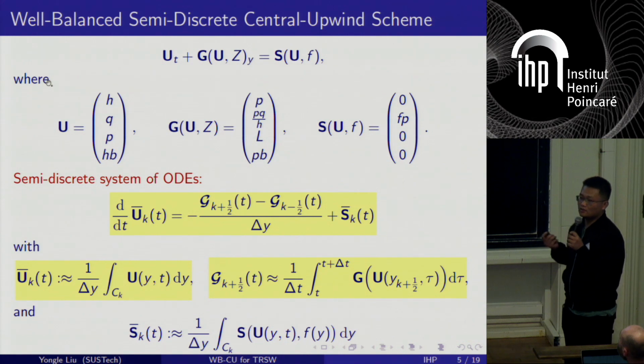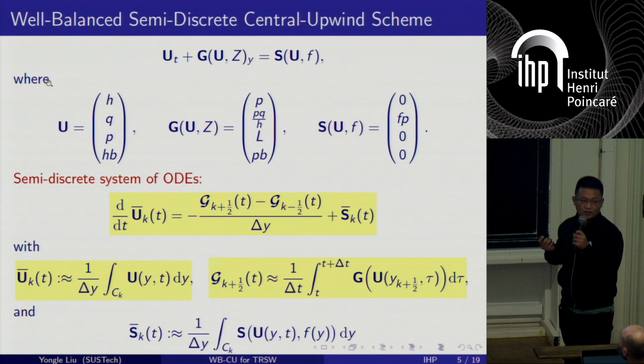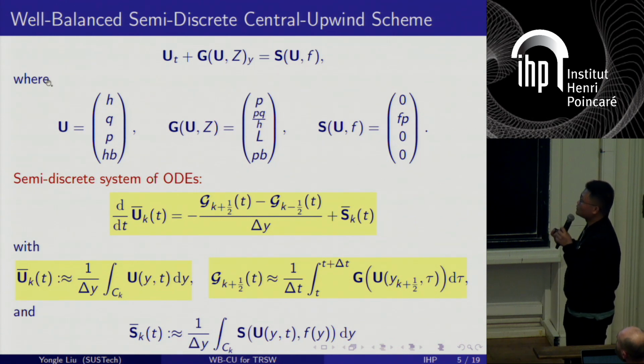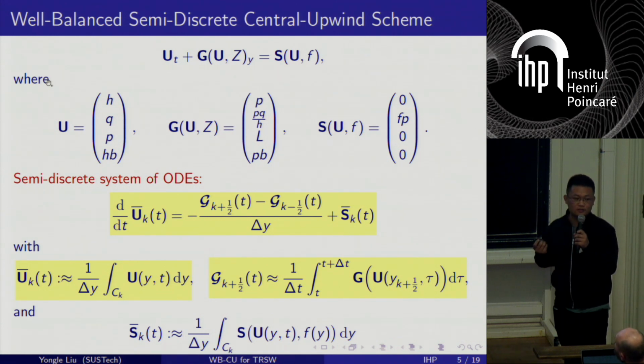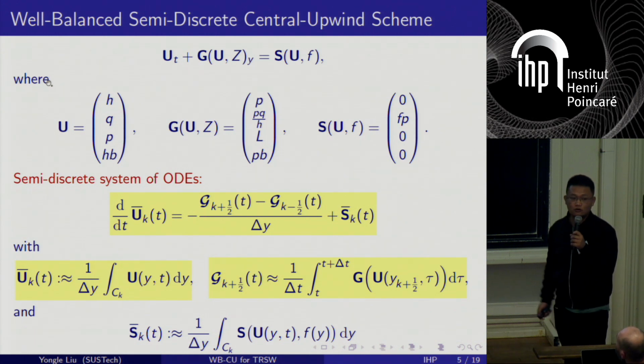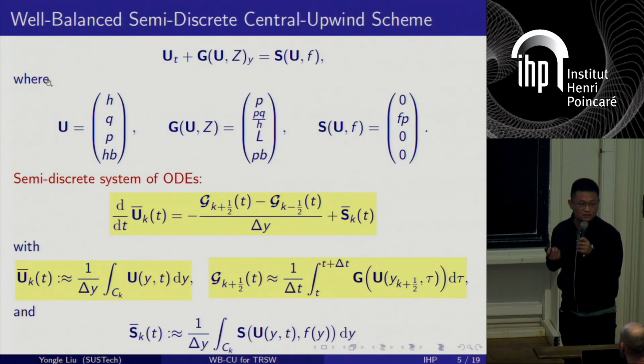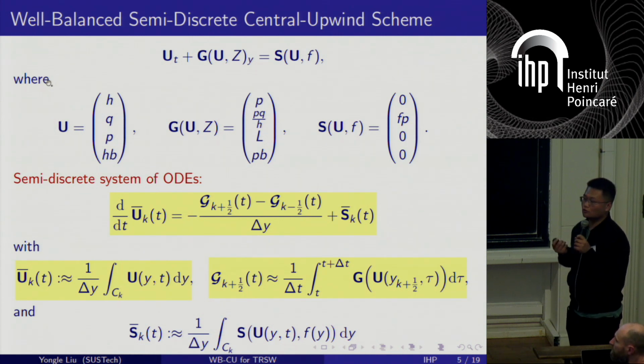Here, U bar k is the cell average, the average of the space integration, G_{k+1/2} is the numerical flux, the average of the time integration, and S bar k is the approximation of the source term. From this system, if at some time level t we know the numerical flux G_{k+1/2}, then we can solve the system and obtain the numerical solutions. So now our problem is how to obtain this numerical flux.